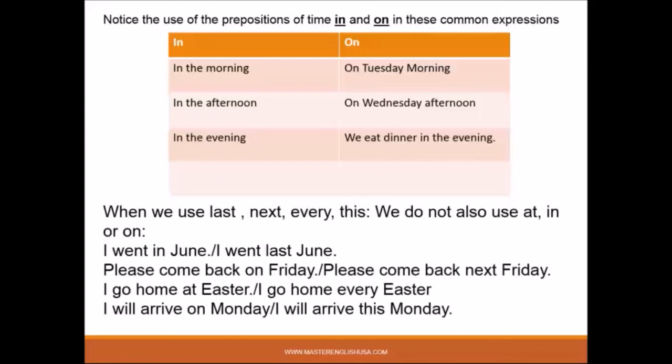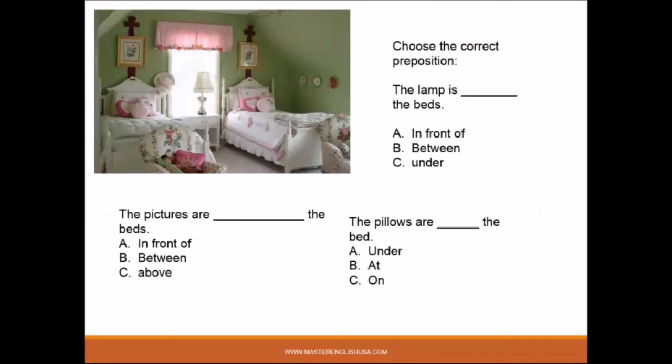Take a look at this picture of a bedroom. Choose the correct preposition. Find the lamp. The lamp is in front of the beds, the lamp is between the beds, or the lamp is under the beds. Which preposition would you choose? The lamp is between the beds.